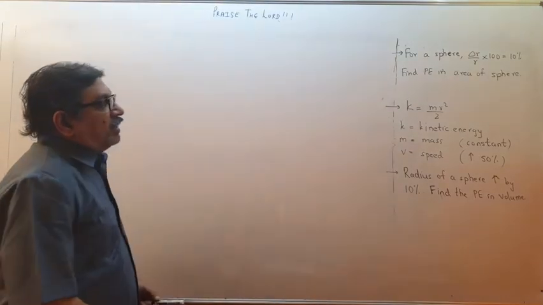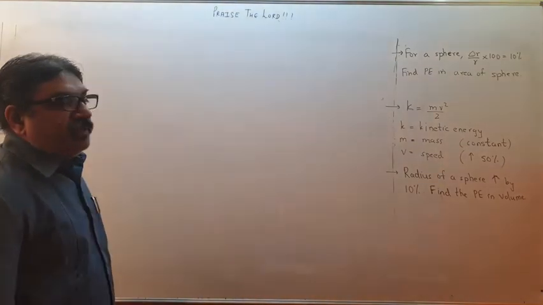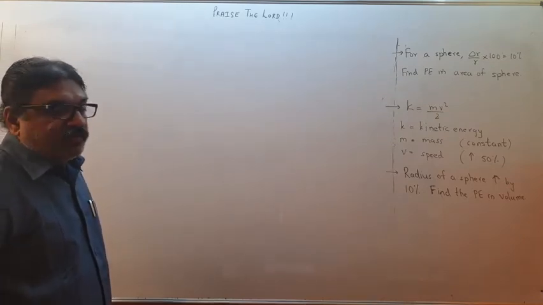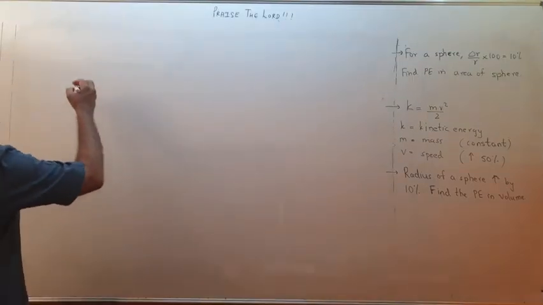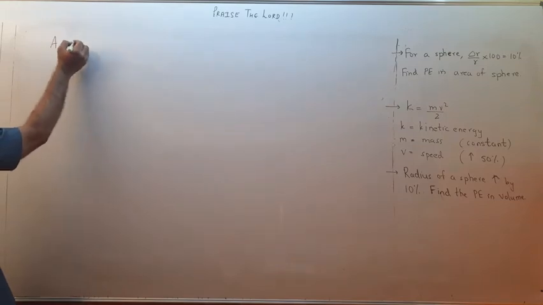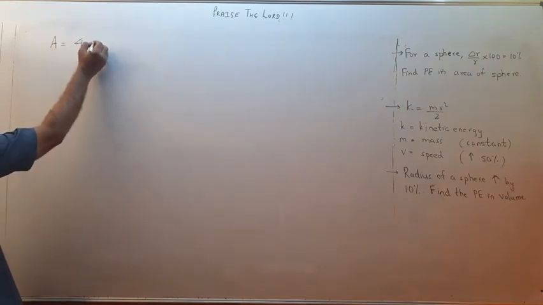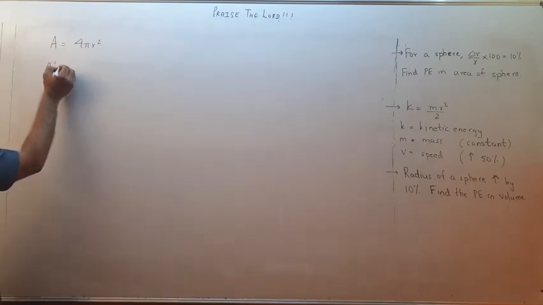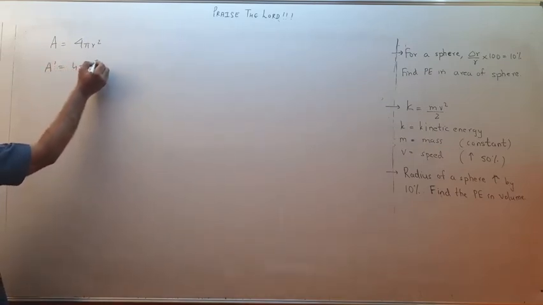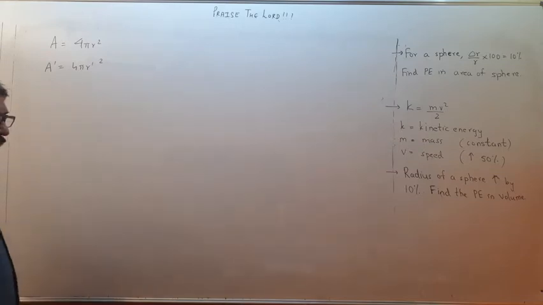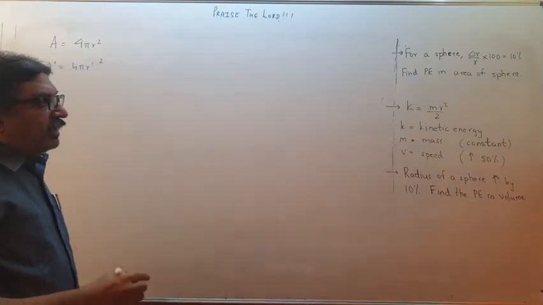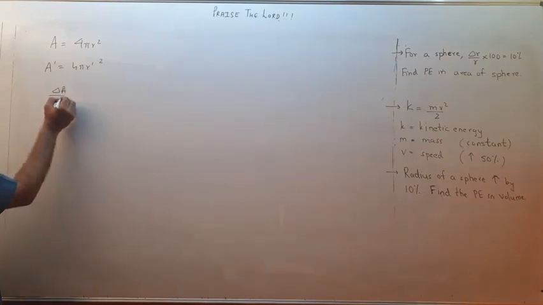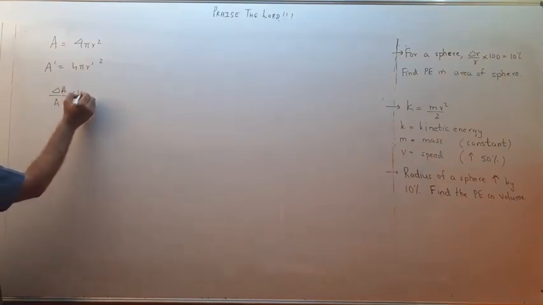See, children, the percentage change in radius is given to me as 10%. I want the percentage error in the area of the sphere. First, think of the formula for the area of a sphere. What is the area of a sphere? 4 pi r square. So the new area will become A dash equals 4 pi r dash square. If I want the percentage error in the area of the sphere, I am looking for change upon actual value into 100.